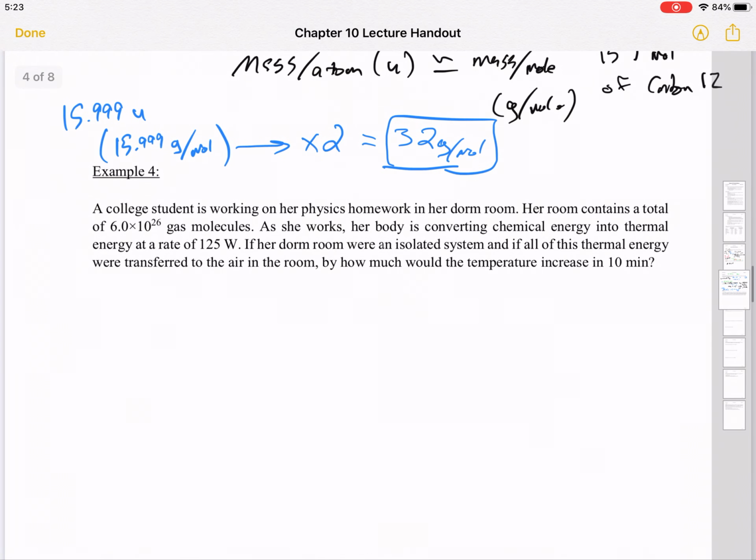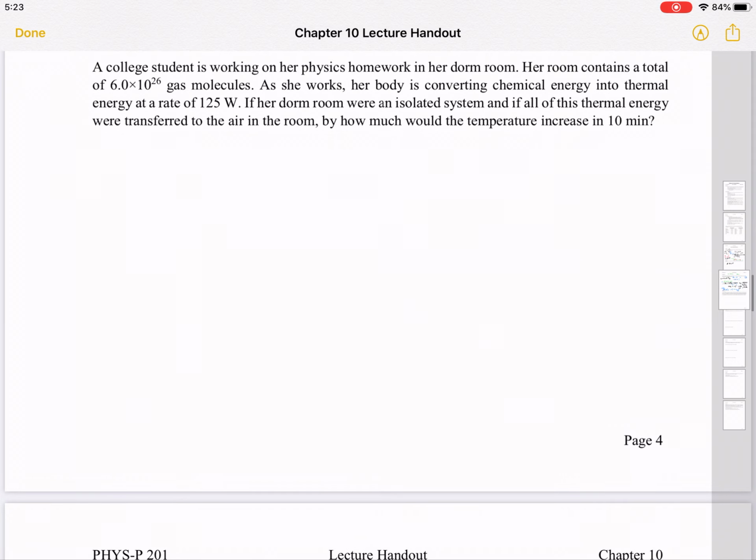Example number 4: a college student is working on her physics homework in her dorm. Her room contains a total of 6 times 10 to the 26 gas molecules. As she works, her body is converting chemical energy into thermal energy at a rate of 125 watts. If her dorm room is isolated, meaning there's no heat in, heat out, we'll get to that, how much does the room's temperature increase in 10 minutes?